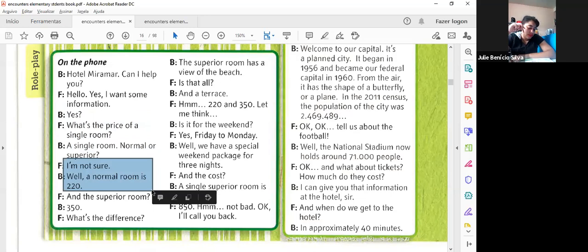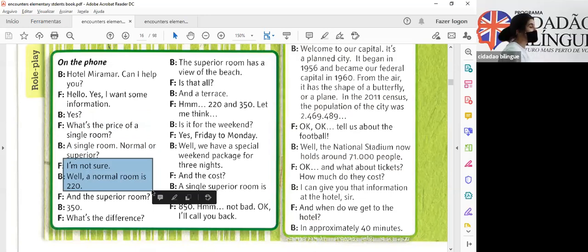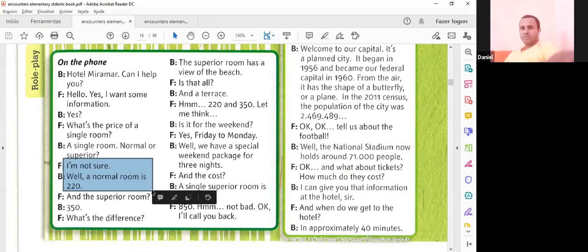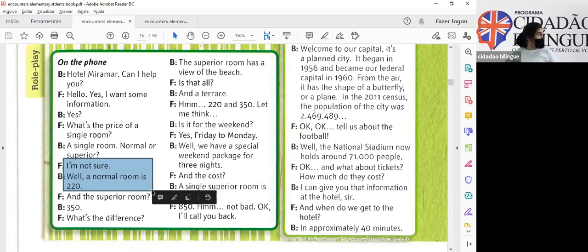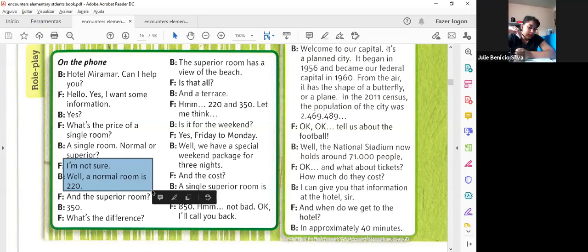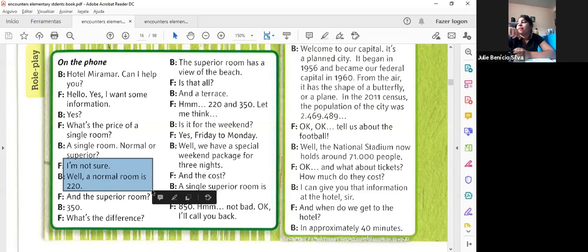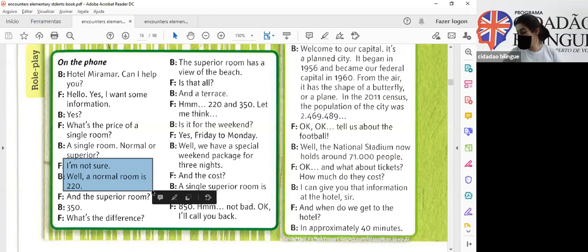Well, a normal room is 220. And the superior room? 350.